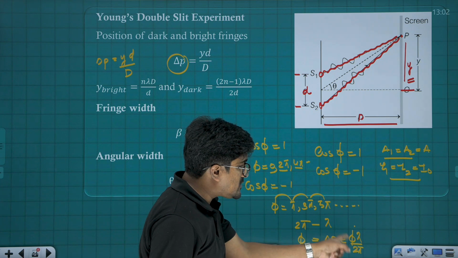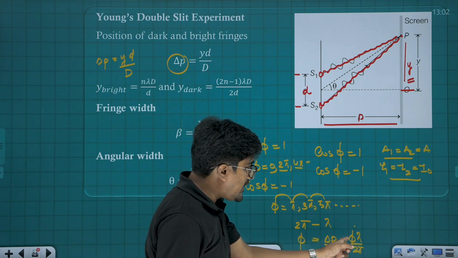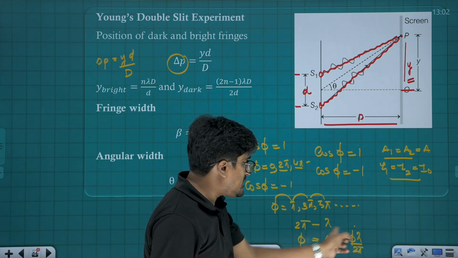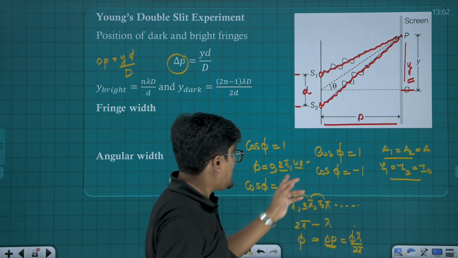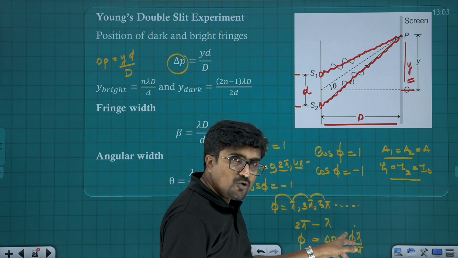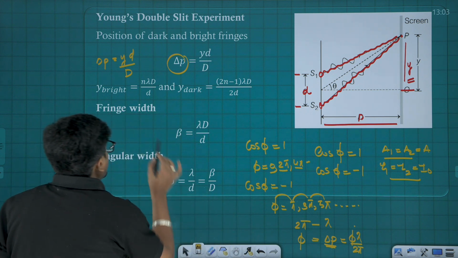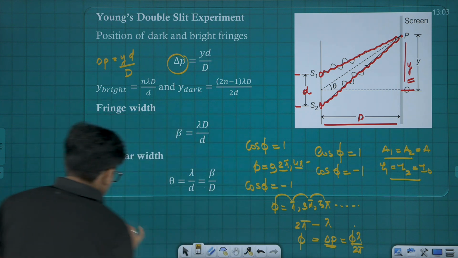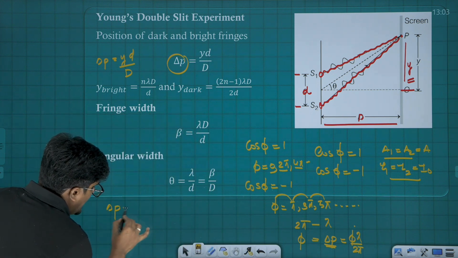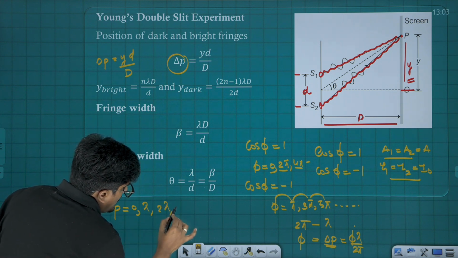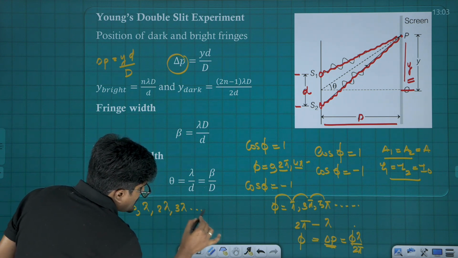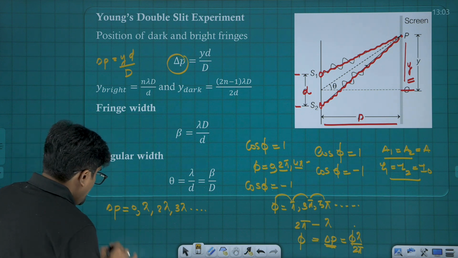Then the path difference is going to be lambda, because 2 pi will cancel. For 4 pi, it is going to be 2 lambda. So if delta P is equal to 0, lambda, 2 lambda, 3 lambda, etc., it is going to be a bright fringe.